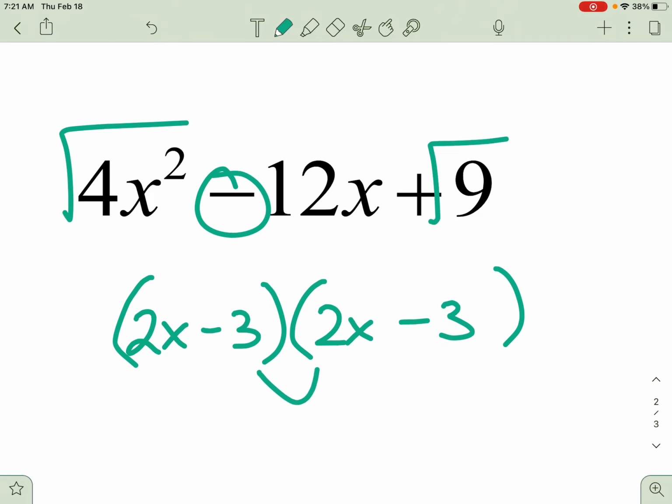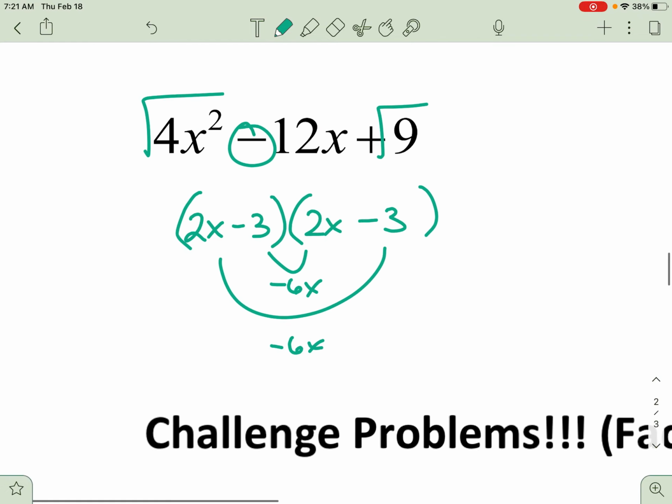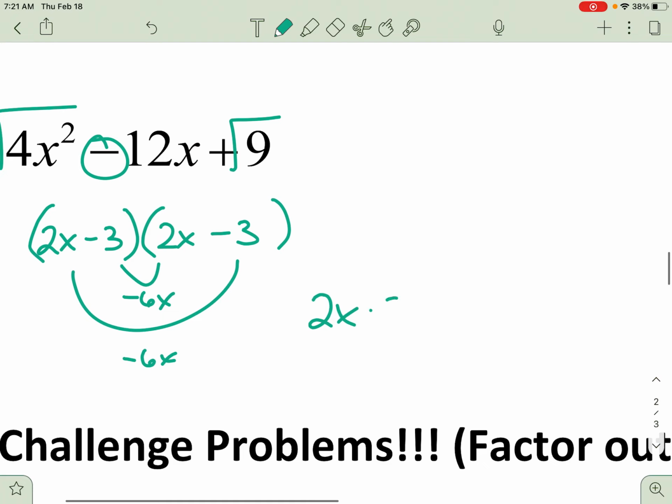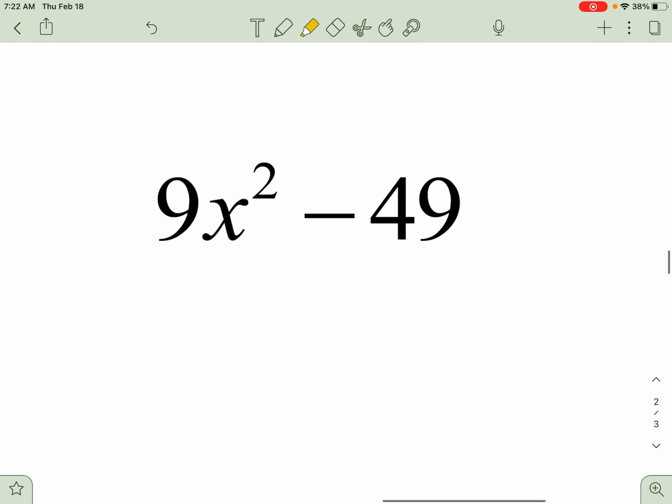And then, again, you can check your work. This would give you negative 6x, which gives you a negative 12, right? So our answer here, 2x minus 3 squared. Okay, difference of squares here.